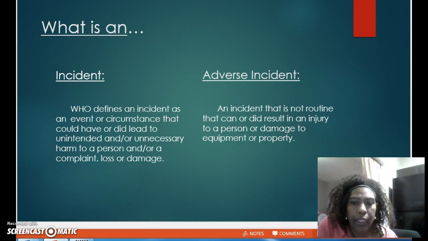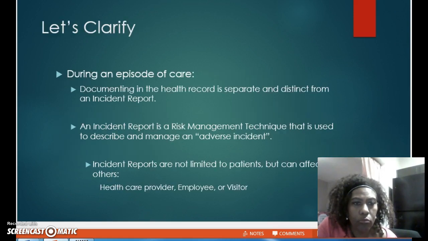Adverse incident, an incident that is not routine, that can or did result in an injury to a person or damage to equipment or property. So that's the difference between the two. So let's go ahead and clarify. During an episode of care, documenting in the actual health record is separate and distinct from the actual incident report.